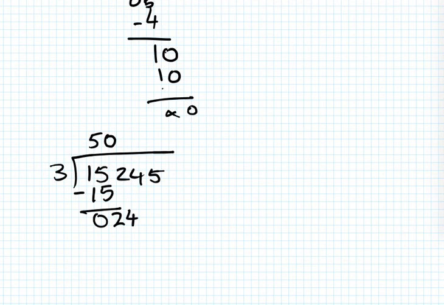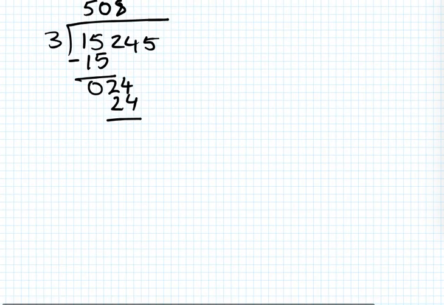So if we put a 0, we can take one more number down here. So this becomes 24. So now you say 3 times tables till you get to 24. So 8 times 3 is 24. So 24 minus 24 is 0.